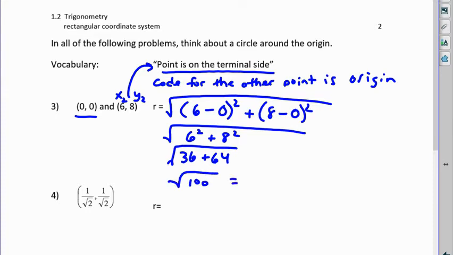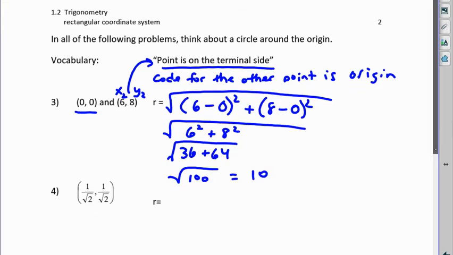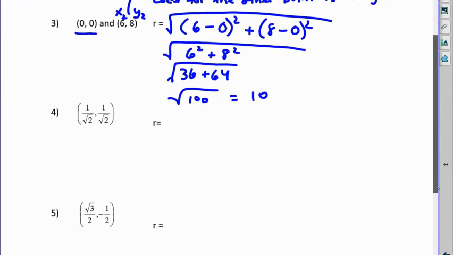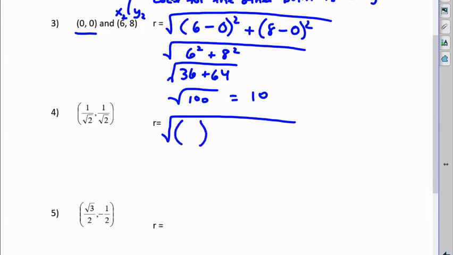And so my radius is 10. And radius, even in the Cartesian system, radius is always positive. Okay, next problem. So if I want to do this with, I could even skip writing the minus 0, but when you're squaring a 1 over root 2, make sure everything gets squared.